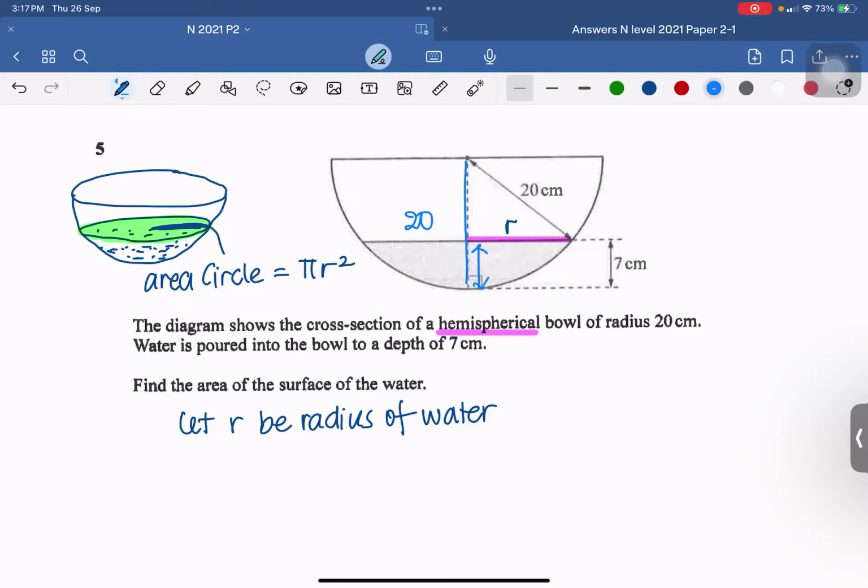So if that's the case, what is this portion over here? 20 minus 7 is 13 cm. So if I know this is 13 cm already, then can I find the radius of the water? Don't even need to use R.